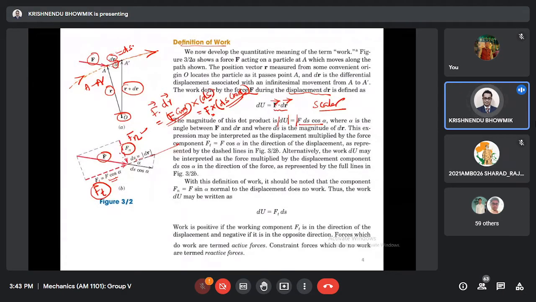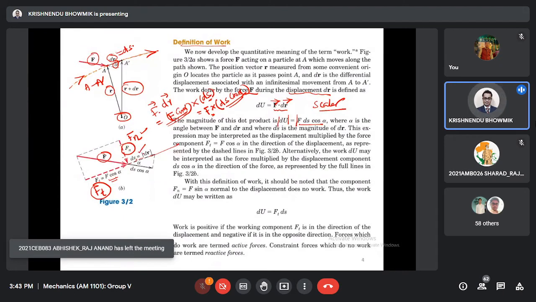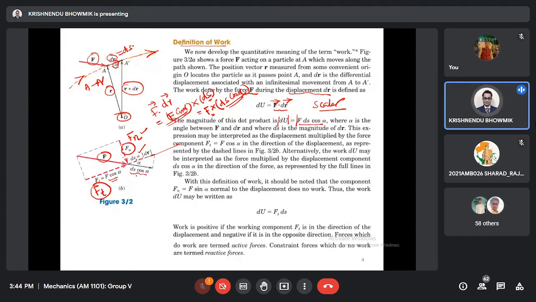Or we can consider the ds component along the direction of force F, so F multiplied by ds cosine alpha. Whichever way we do, we get this one. So the change in work done, dU, is Ft multiplied by ds.